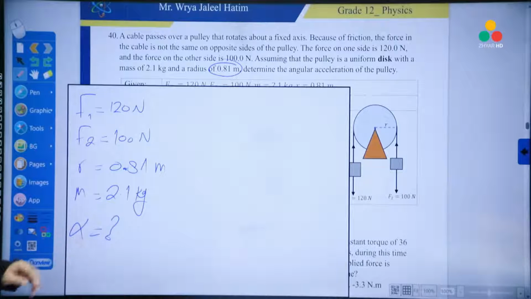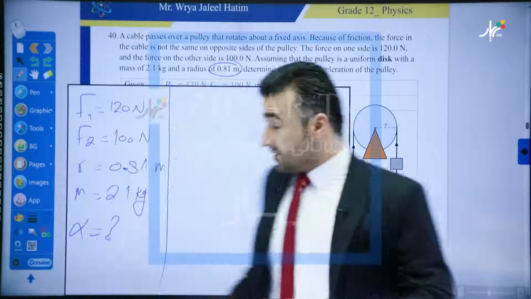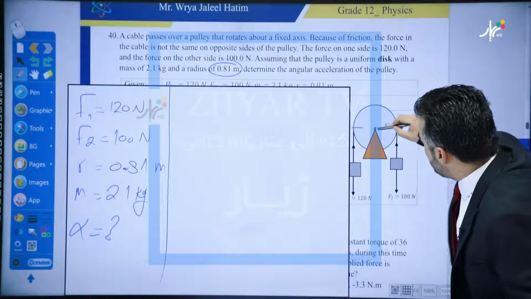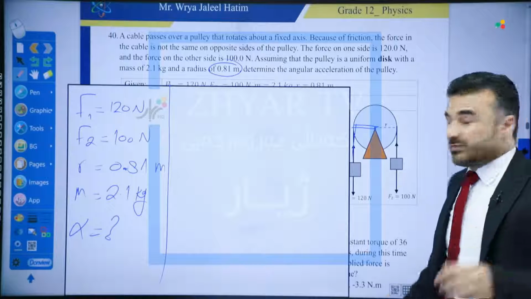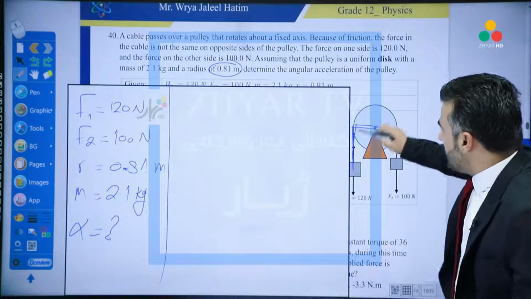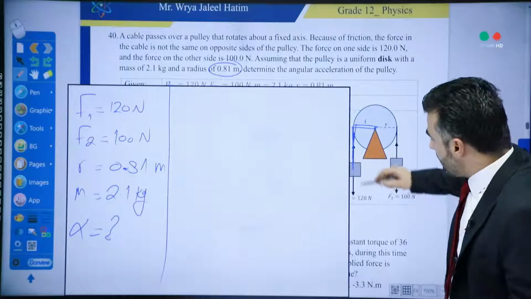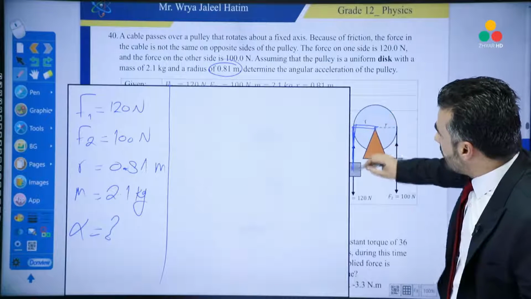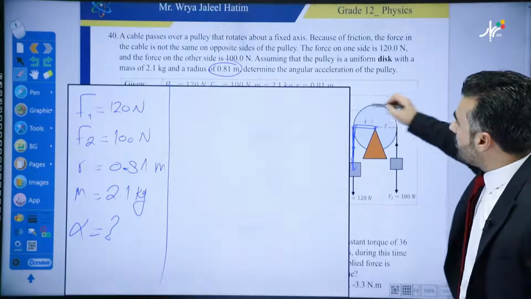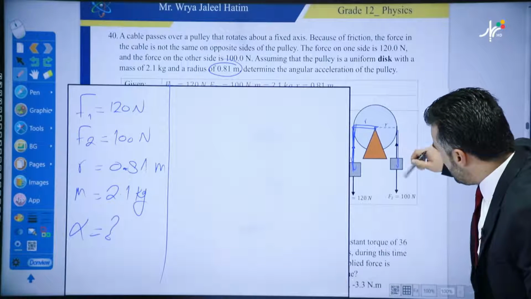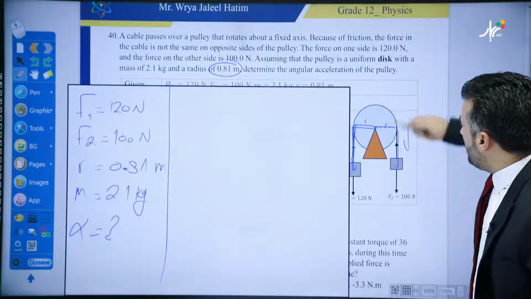By the way, we already know that each one of these forces applies a torque on the object trying to turn this pulley. There is a distance, of course, which is the radius, and these two radiuses are the same for both. So this force tries to rotate the pulley counterclockwise, and this force tries to rotate the pulley clockwise.